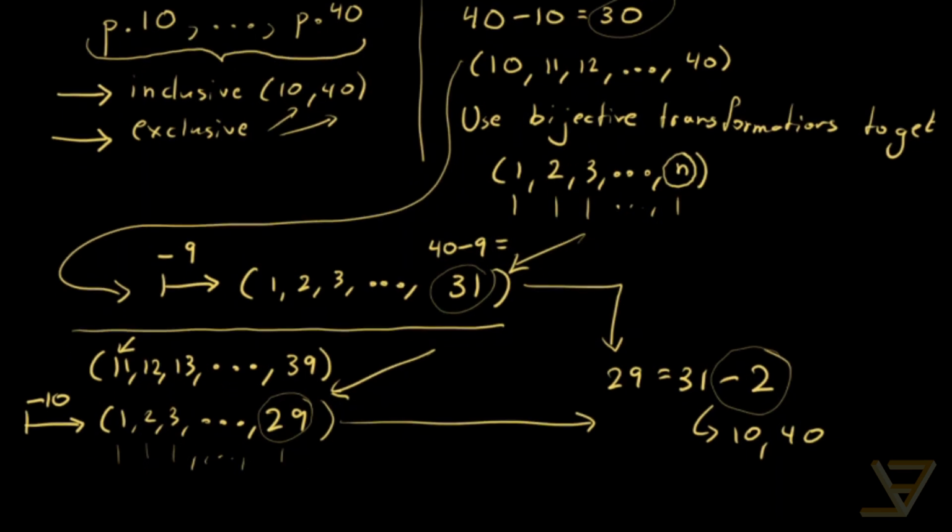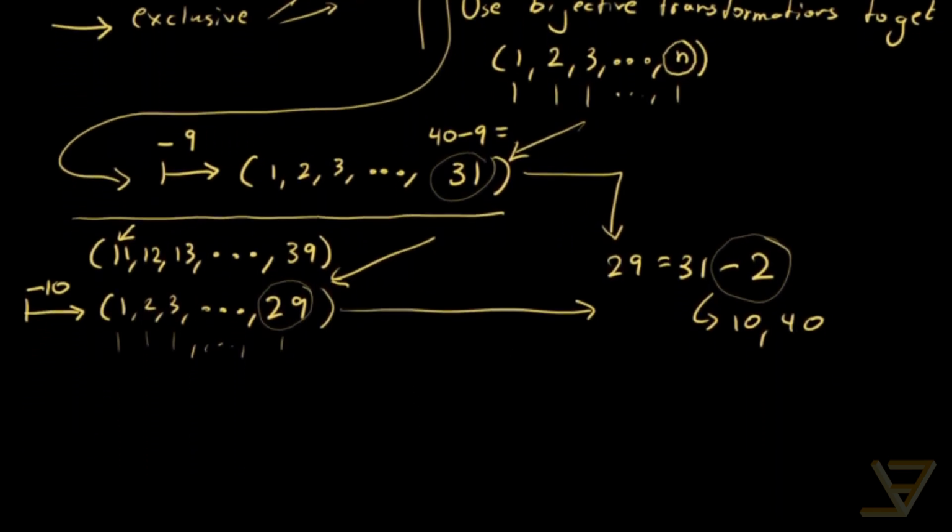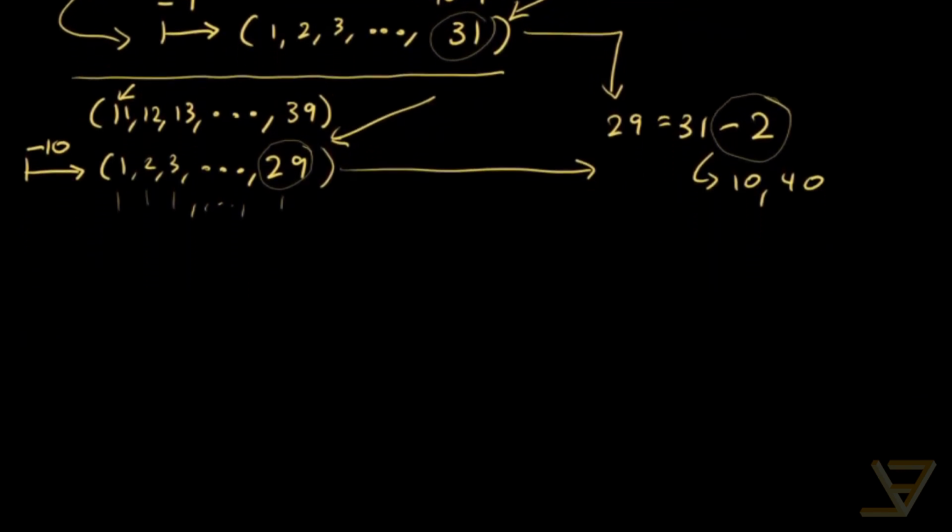Let's generalize this idea because so far we've dealt with concrete numbers. Let's see if we can generalize this to other kinds of finite sequences. Now there are two restrictions that we're going to need.